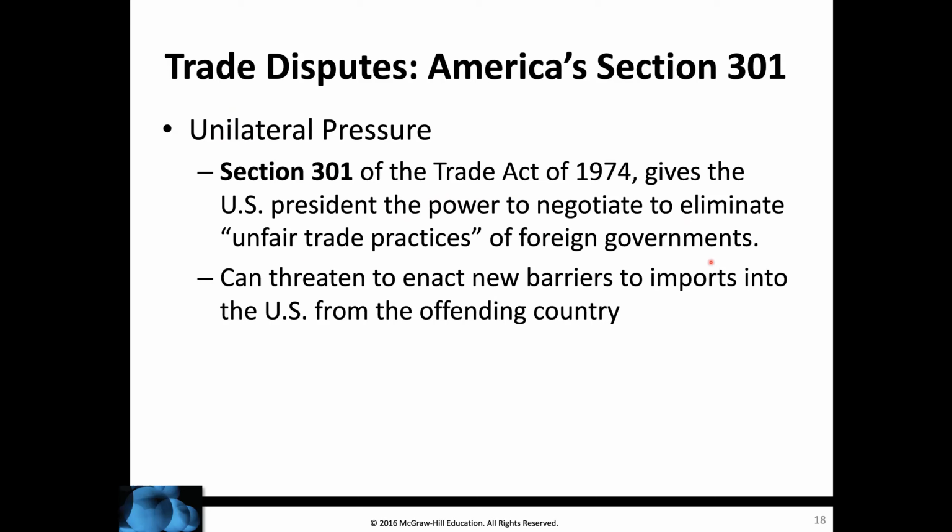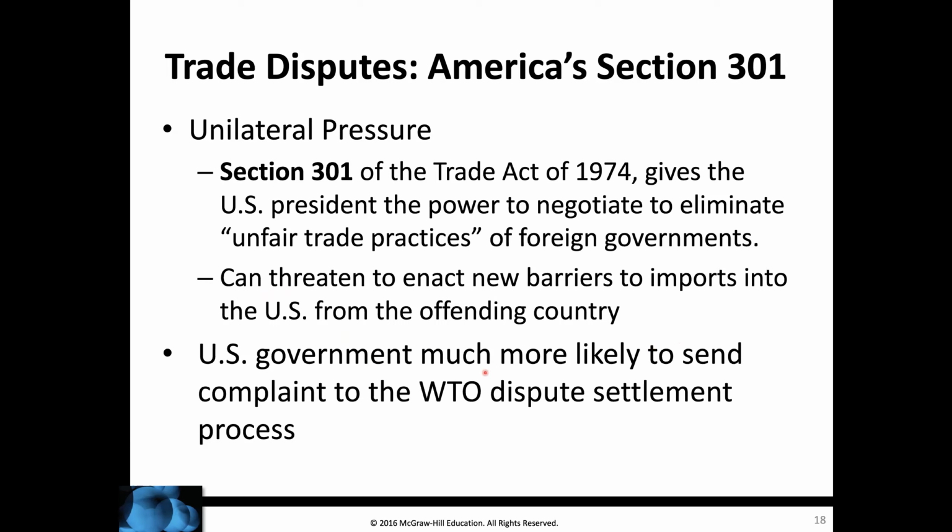As we looked at the beginning of the lecture for Chapter 8, we discussed the US-China trade war, and the current president during this time is President Trump, and he is negotiating to eliminate what he terms to be unfair trade practices with China. Also, it can threaten to enact new barriers to imports into the US from the offending country.